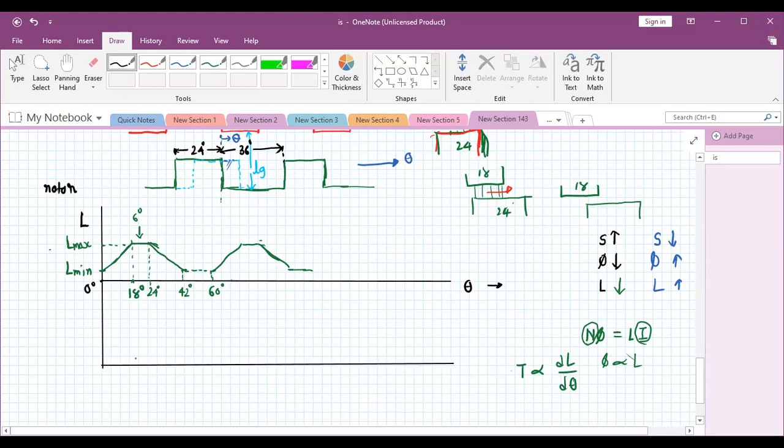Okay. So here dL by d theta. Now just a second. I will just take all these points downside.